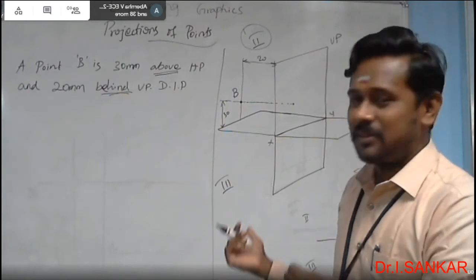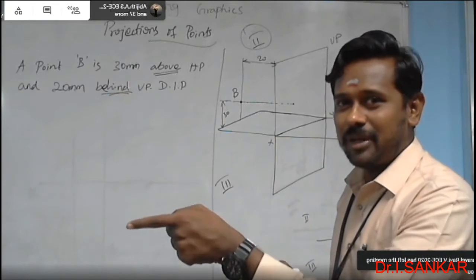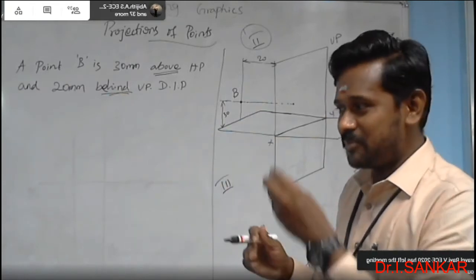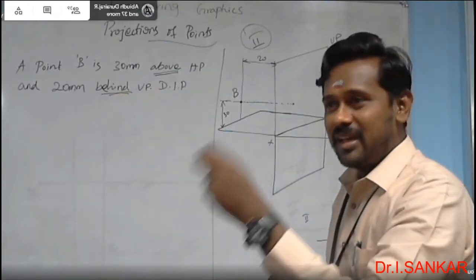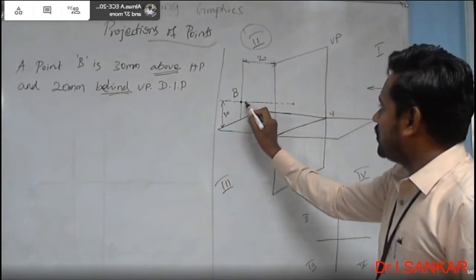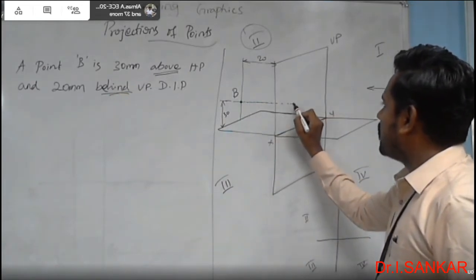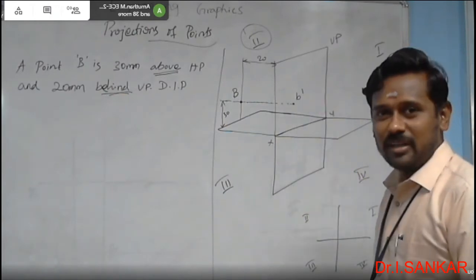But in the case of the virtual world logic, wherever you are blowing the light, the shadow will be deposited only in the screen. Whether the object is located in front of the screen or behind the screen, the view is obtained only in the screen. So the front view will be deposited in the vertical plane here. And this is nothing but our B dash, small letter B dash.